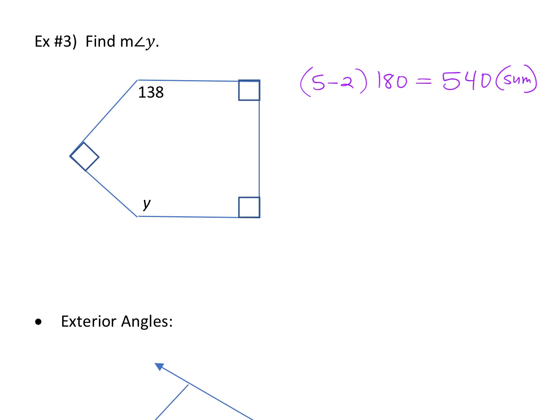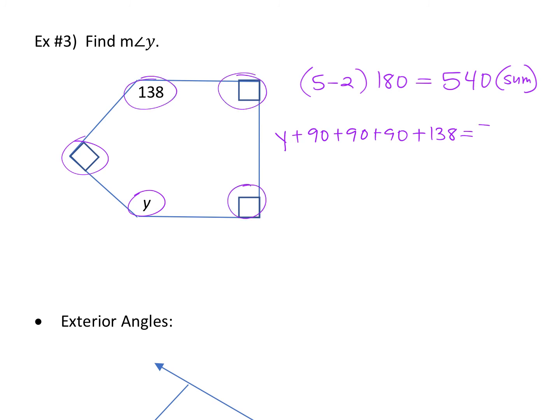1. So now it becomes a very simple algebra problem. Y plus 3 90s plus that 138 should equal what? 540, right? If I add all of these angles together, it should equal my sum of 540. So all you do is calculate this.